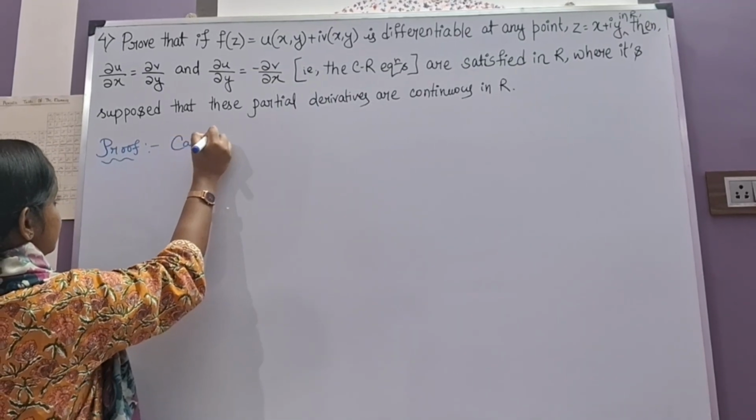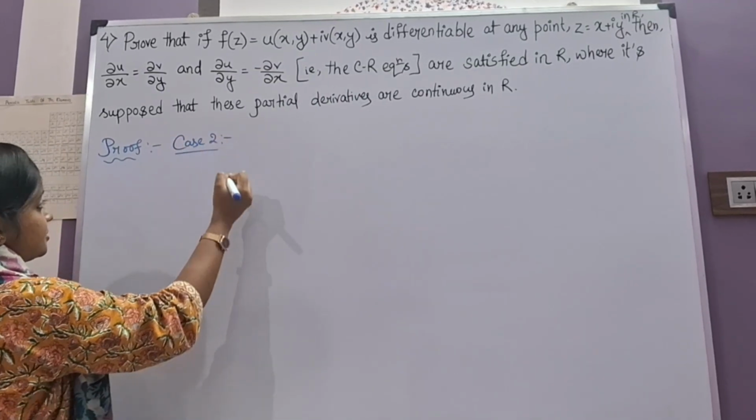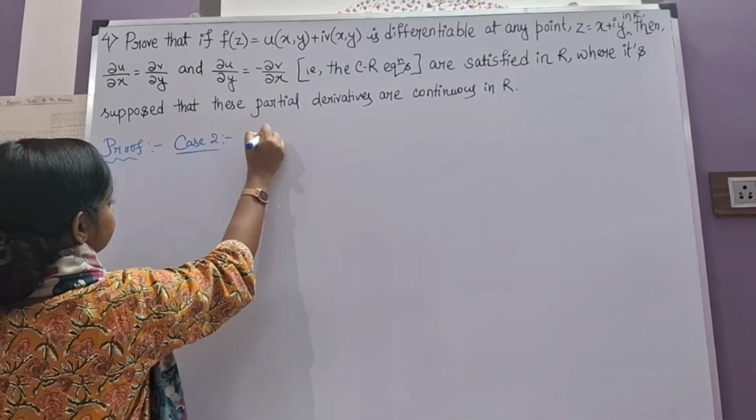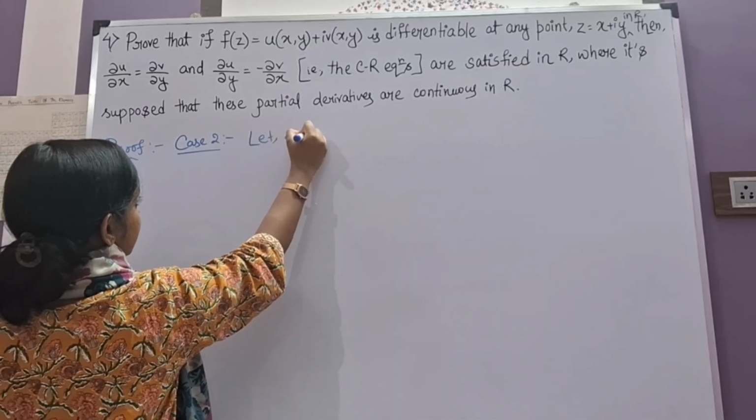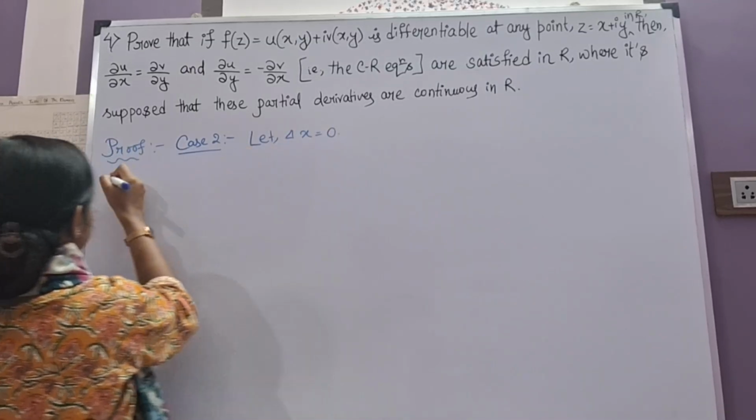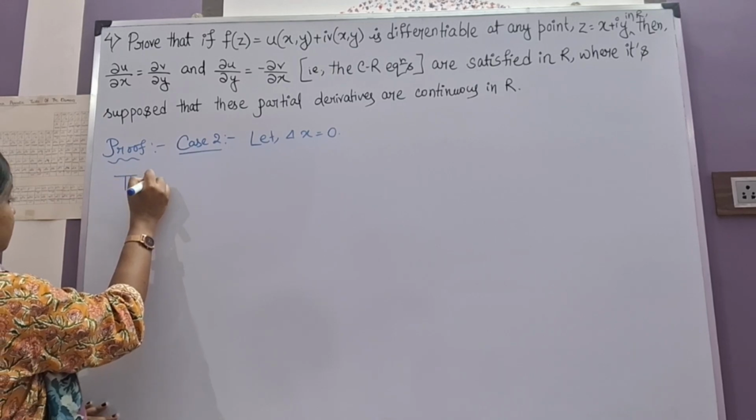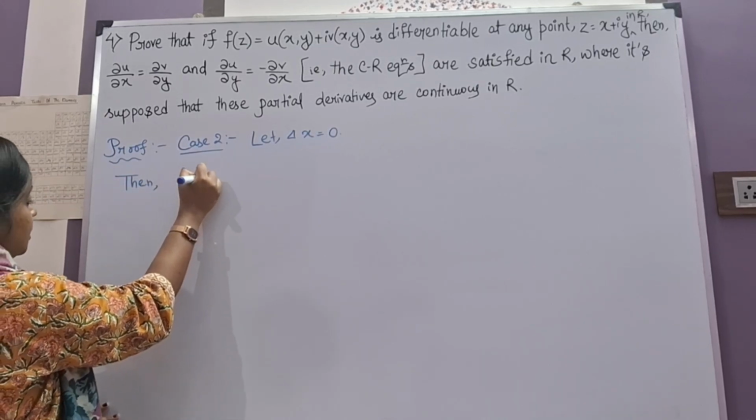Now in case 2, we are going to assume that delta x equals 0. Then what do we get?